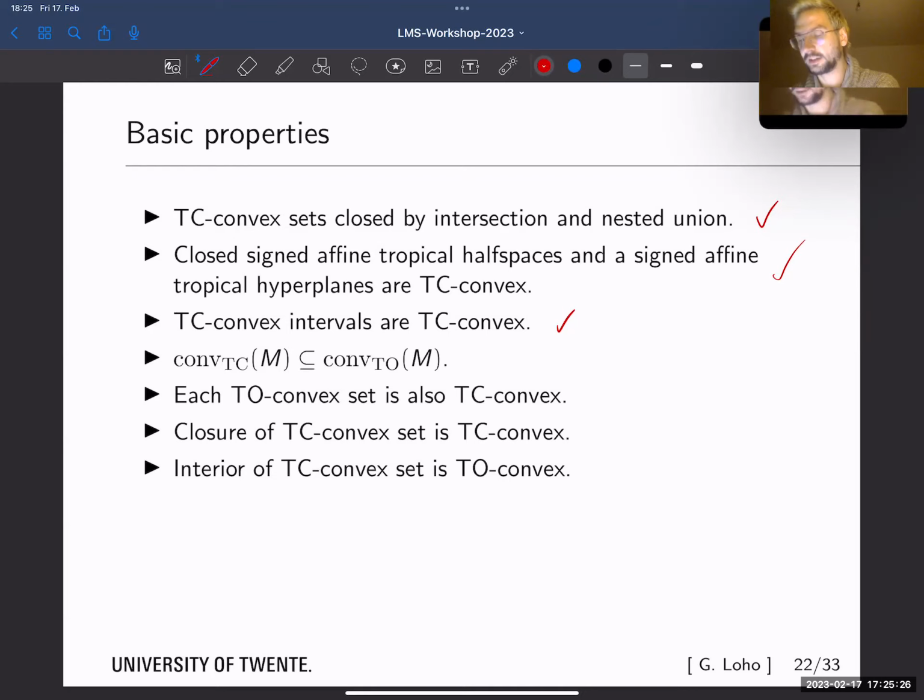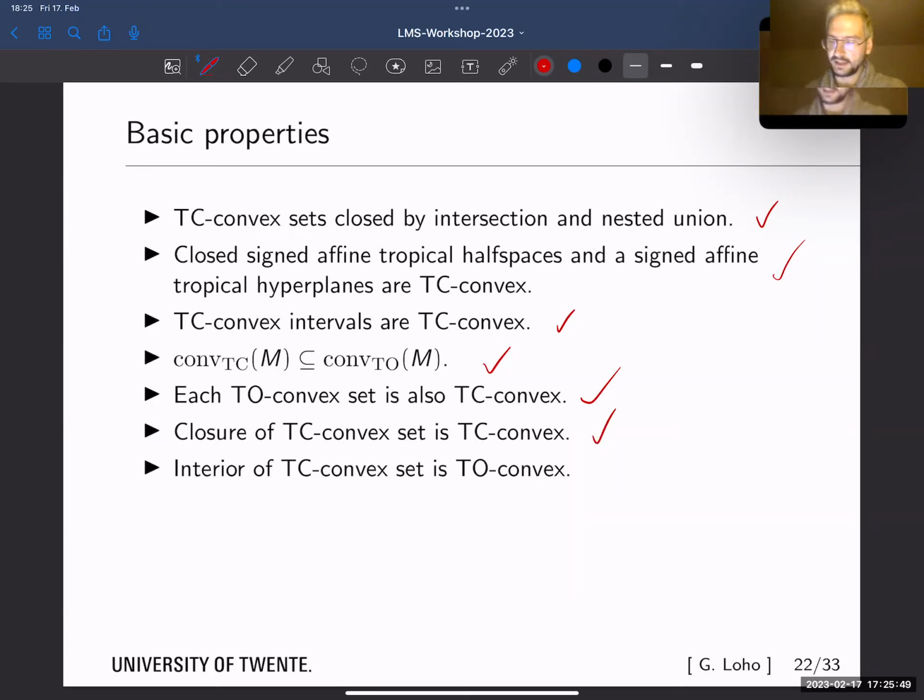And then on the topological level, while, as we said, TO open half spaces are TO convex, their closure, which is a TC convex space, is not TO convex. TC convex sets are preserved under taking closure.